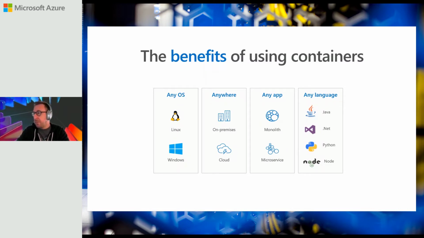This is where containers really come into play, and of course technologies like Node and all these things. So this is containers. There's more benefit to it than not running in a container. You have a smaller management plane, a smaller way of managing all your assets from that perspective.